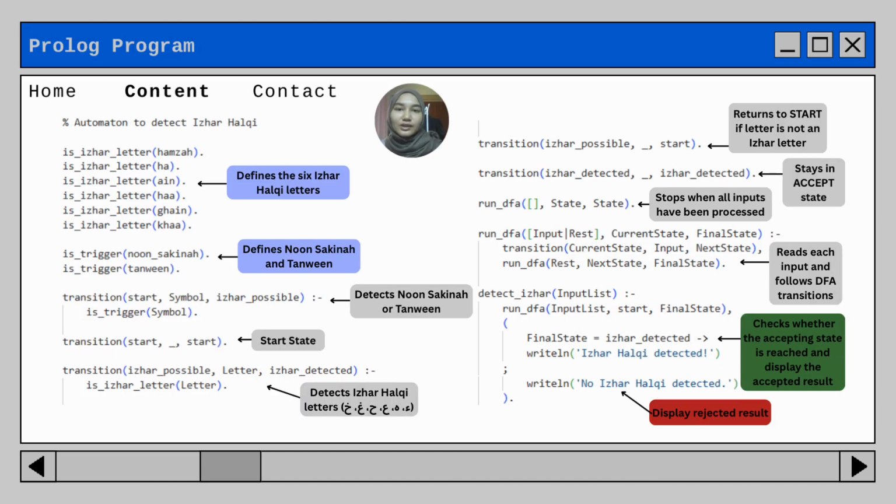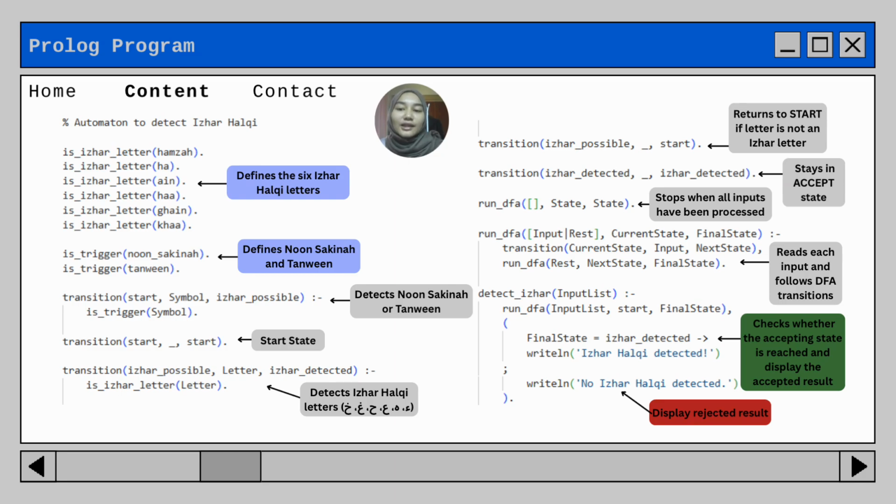This slide shows the parallel implementation of the IZHAR HALQI automaton. First, the program defines the 6 IZHAR HALQI letters such as hamzah, ha, ain, ha, ghin, and kha. It also defines the trigger symbols such as nun sakinah and tanwin. Next, the transition rule represents the DFA states. The automaton starts at the start state and moves to the IZHAR possible state when a trigger symbol is detected.